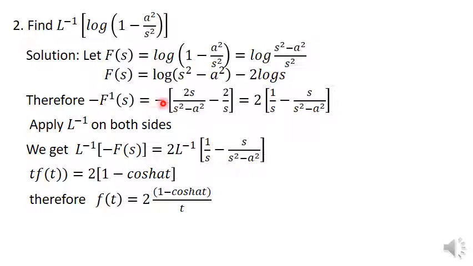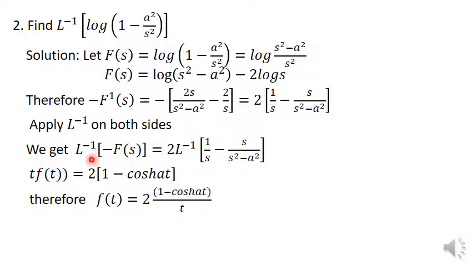On multiplying this minus sign, the second term comes first: 2 into 1 by s minus s over s square minus a square. Now apply L inverse on both sides. Now we get L inverse of minus f prime of s equal to L inverse of the right hand side, that is L inverse of 1 by s minus s by s square minus a square.